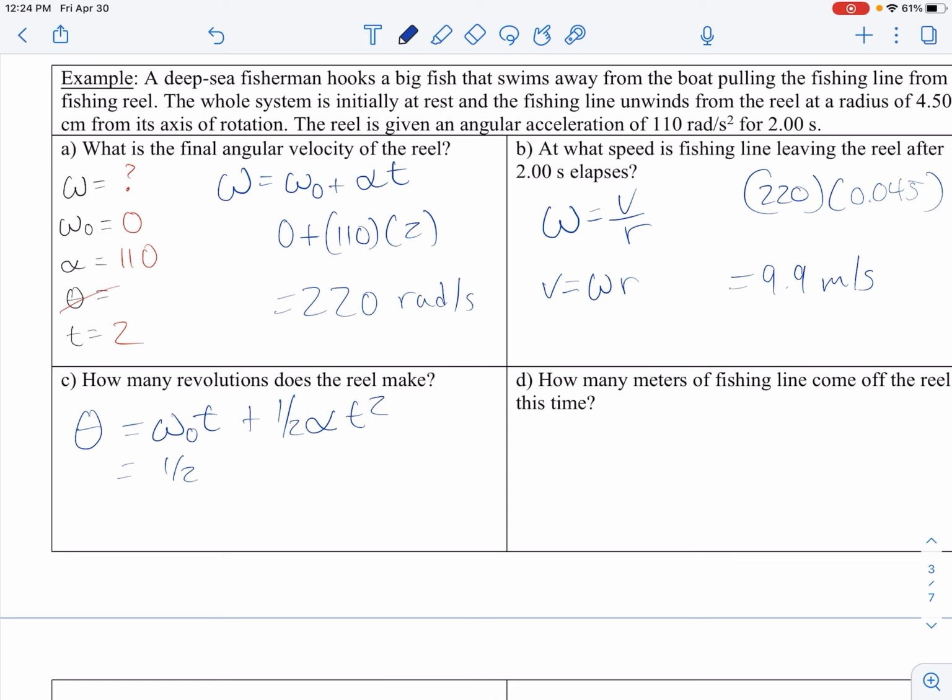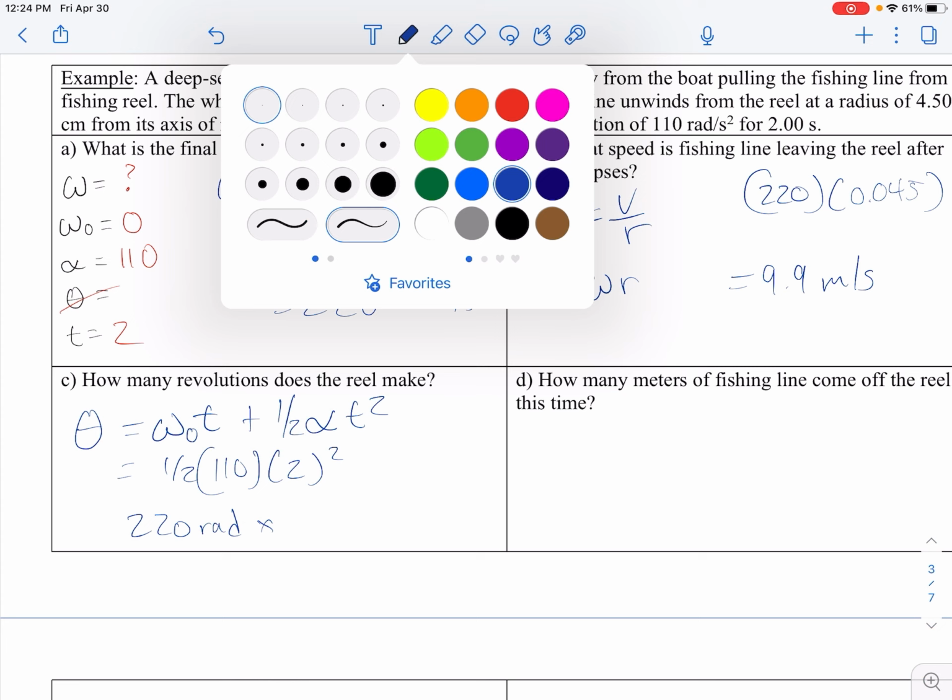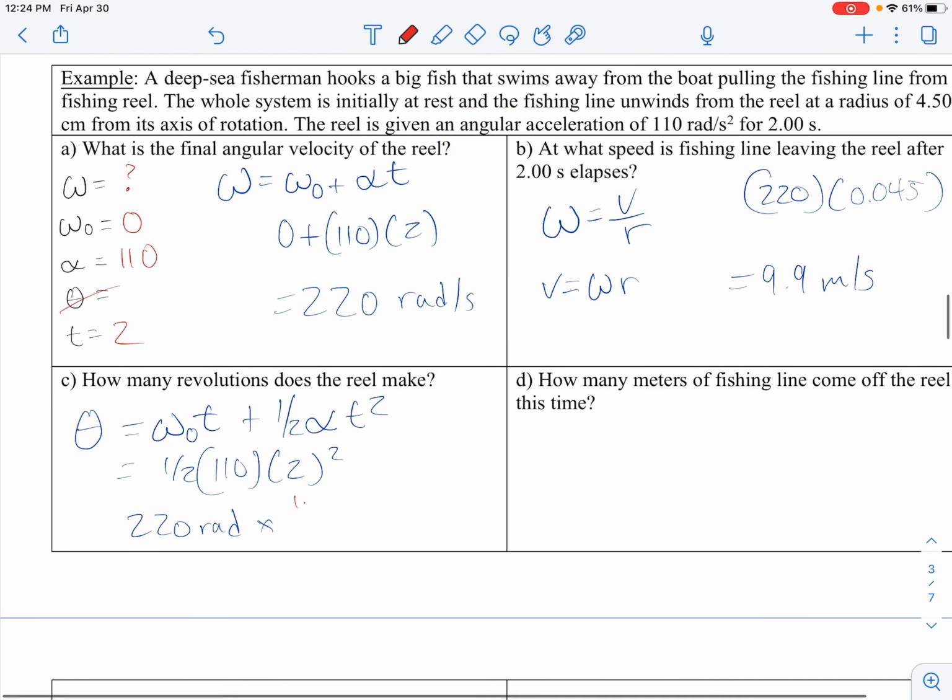So we have 1/2 times 110 times 2 squared, which gives 220 rads. And we're looking for revolutions, so we'll multiply this, since one revolution is equal to 2 pi radians. We get 35 revolutions.